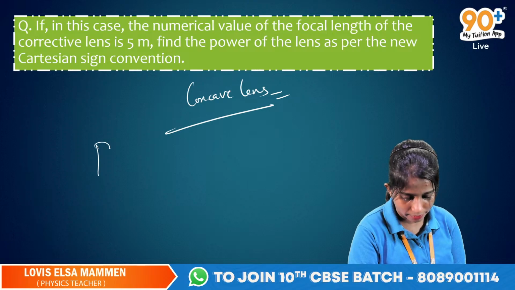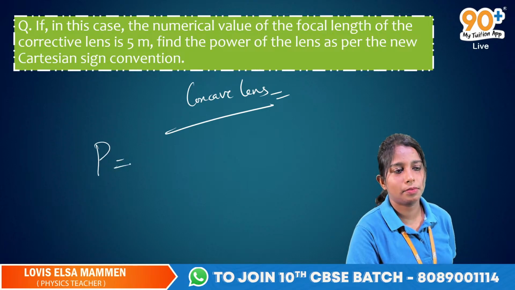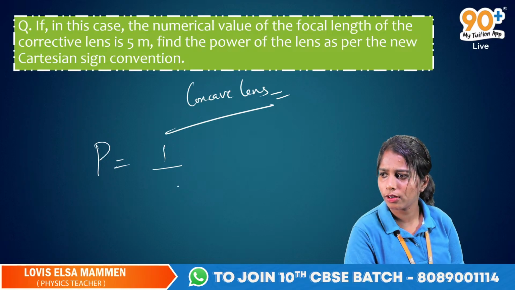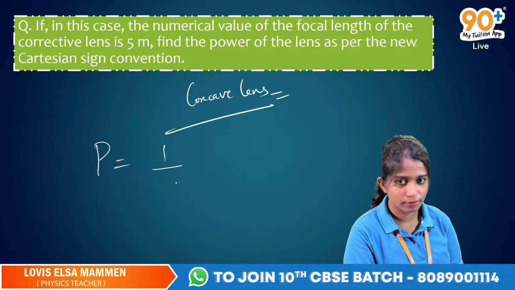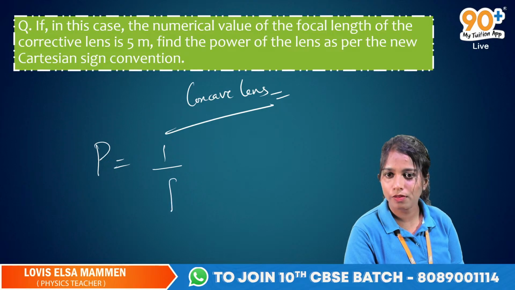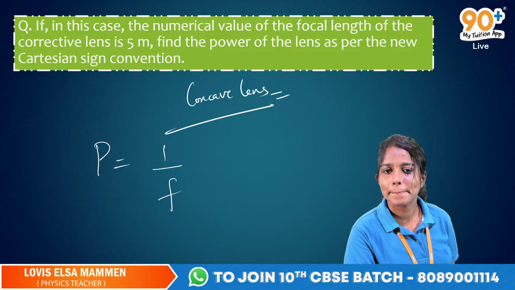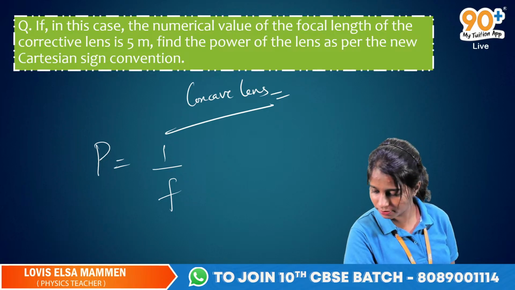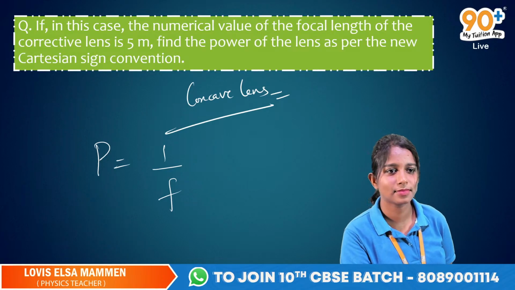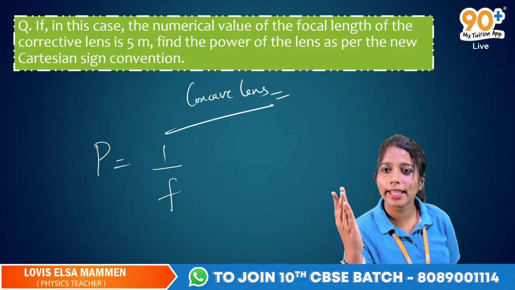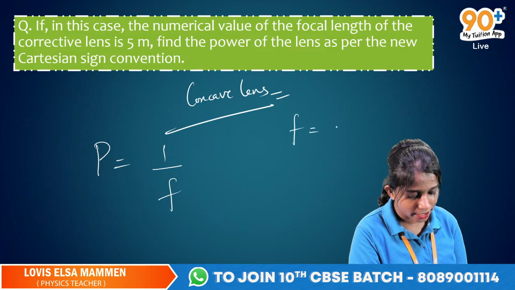Find the power. P. Power is equal to 1 by focal length. Yes, 1 by focal length. So identify focal length is given in the question. Numerical value of focal length is given 5 meter.